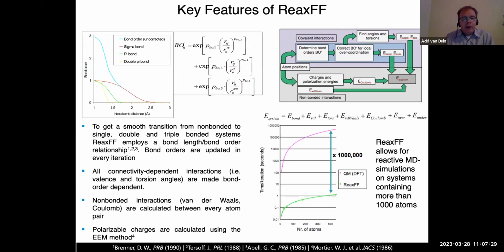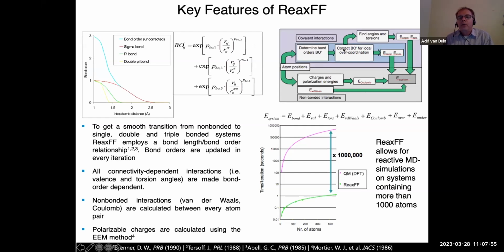Every step, the charges are also calculated using the electronegativity equalization method by Mortier and co-workers. So that means that every step, a fresh set of charges is calculated. These charges are polarizable and geometry dependent. And this on the top right is kind of how ReaxFF is organized. The non-bonded section and the bonded section are pretty much separate from one another.